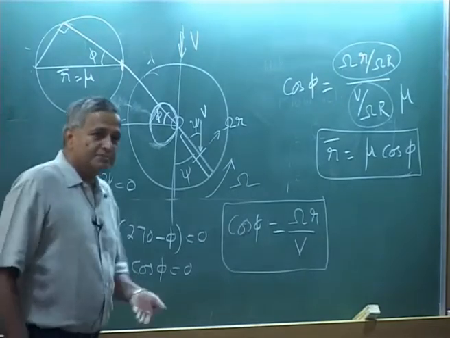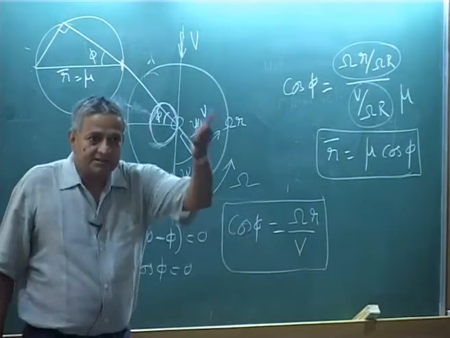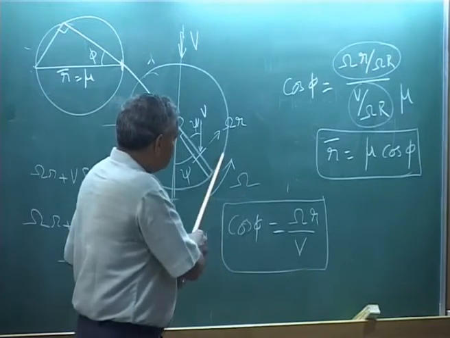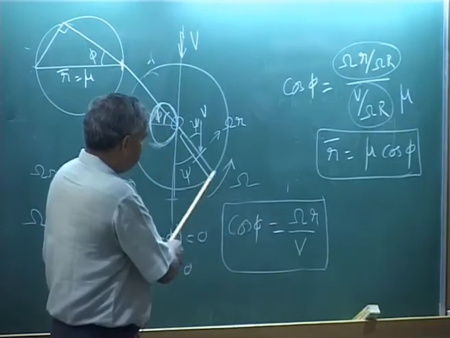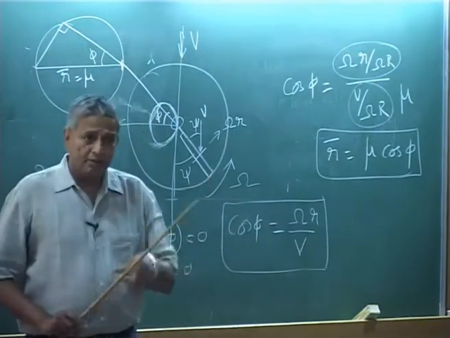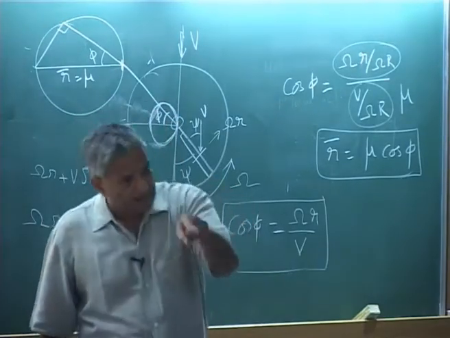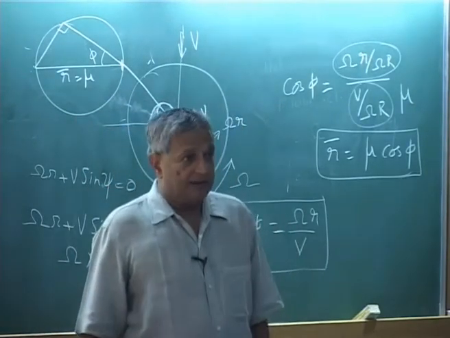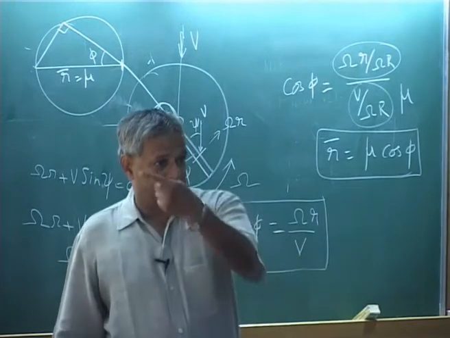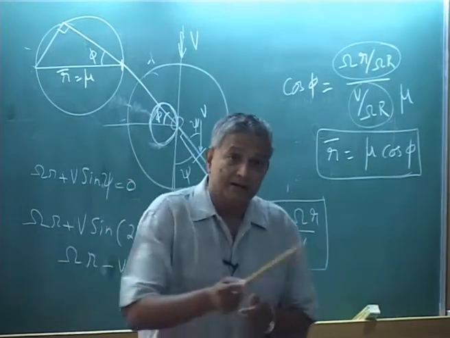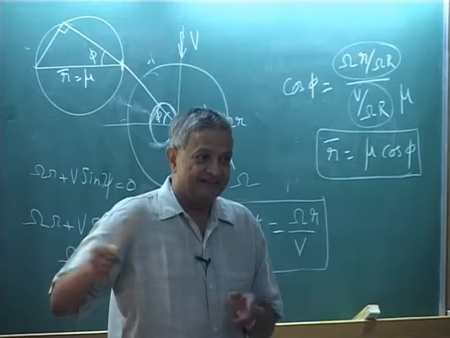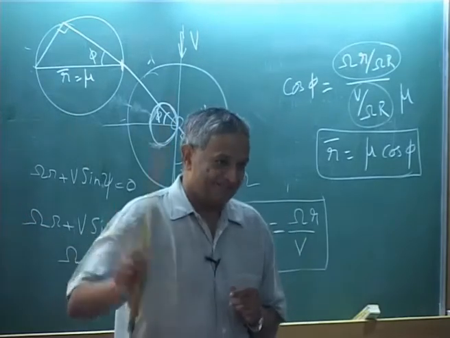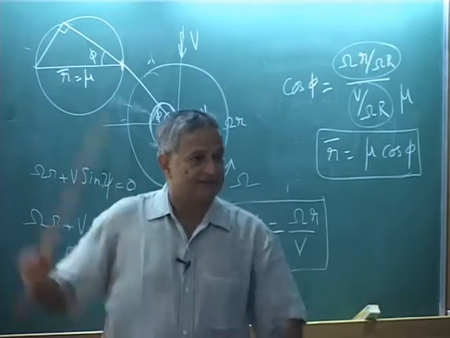Because what will happen if you keep increasing your helicopter velocity? The advancing side velocity is omega r plus v sin psi, and that velocity is also increasing. That means you are increasing the Mach number in the advancing side at various sections.